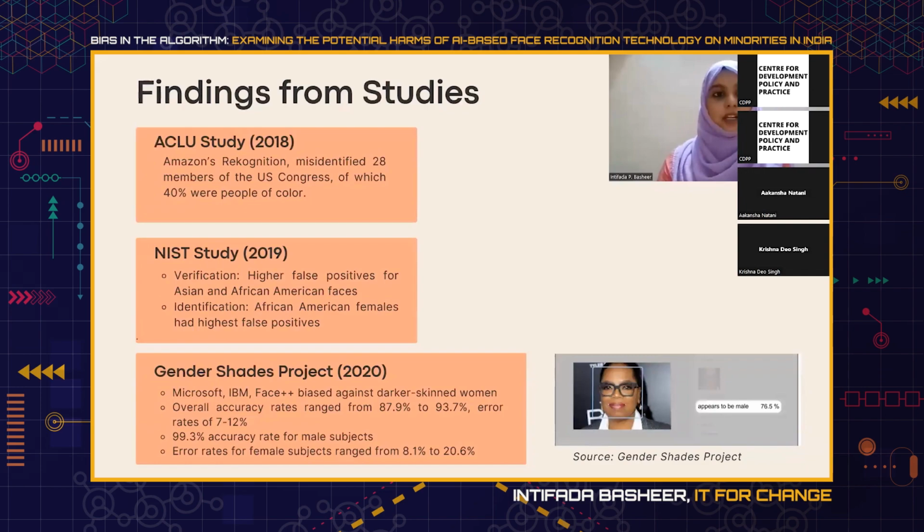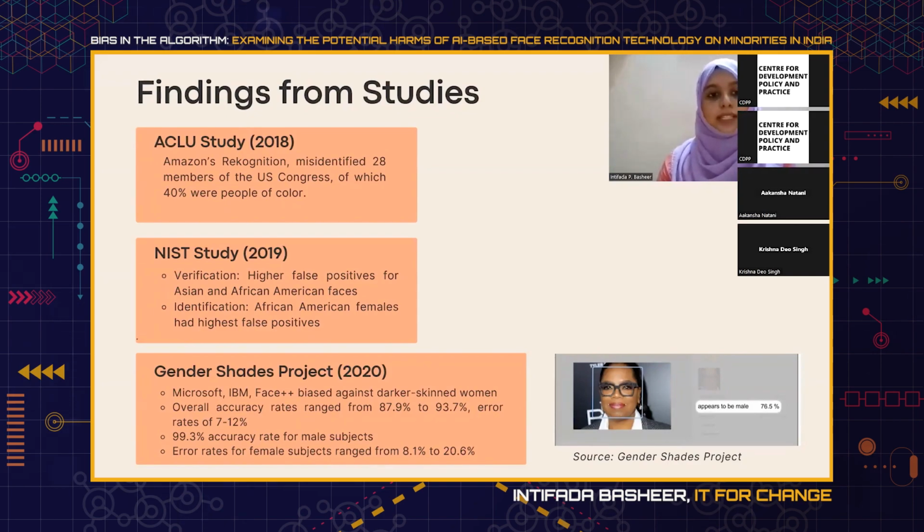The first study, conducted by the American Civil Liberties Union in 2018, examined Amazon's FRT, which is called Rekognition. It used 25,000 publicly available arrest photos, or photos of criminals, and ran this database against the photos of all sitting members of the US Congress in 2018.